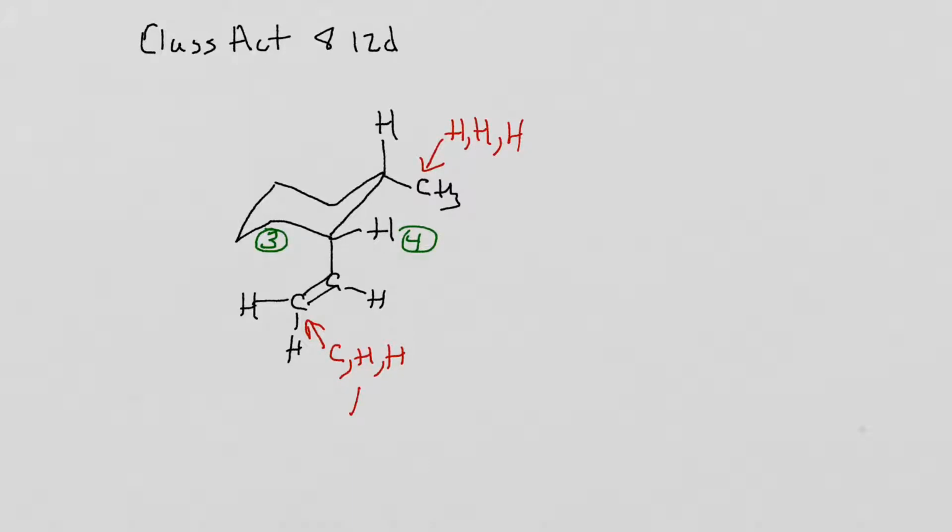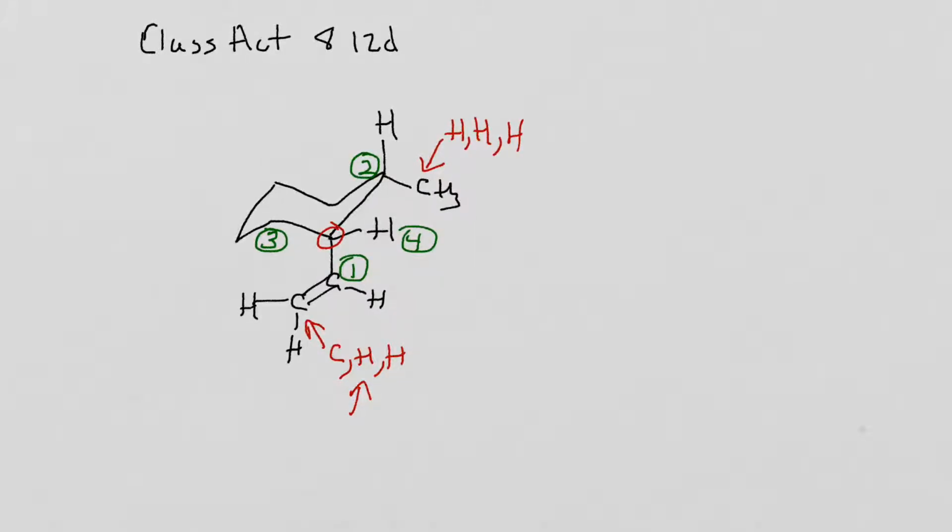Therefore, this carbon is higher priority. And that means this is going to be group 1 that's bonded to our chirality center here, and this is going to be group 2.